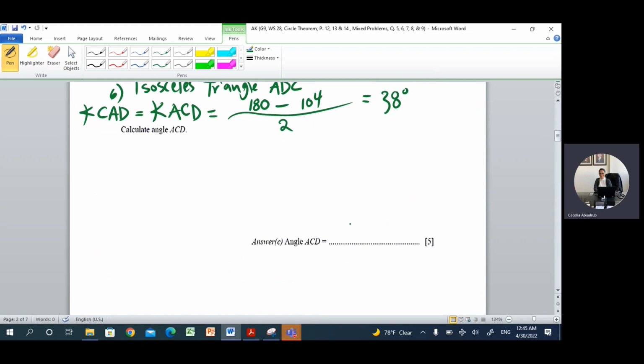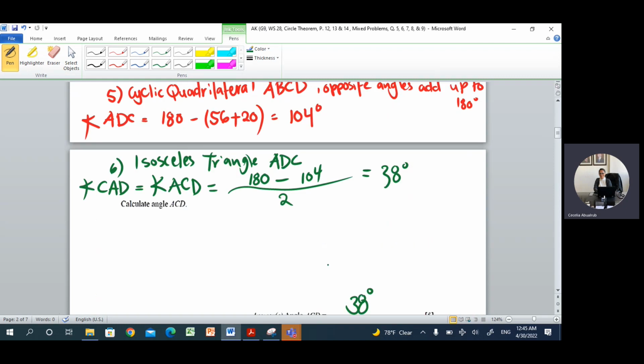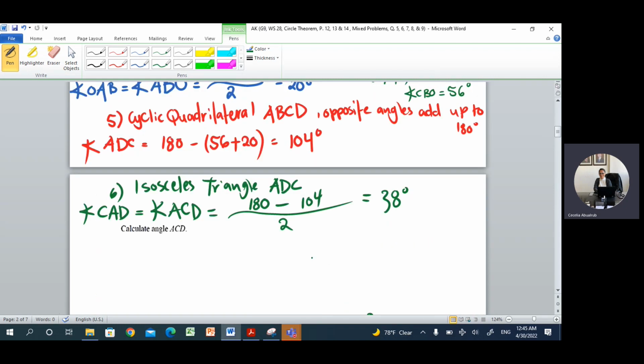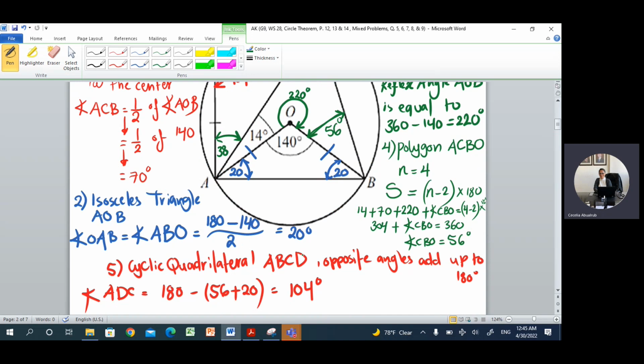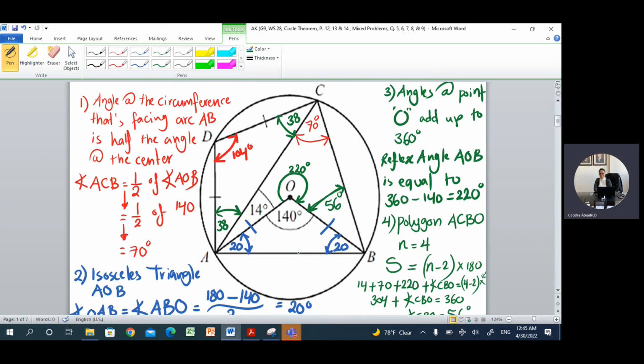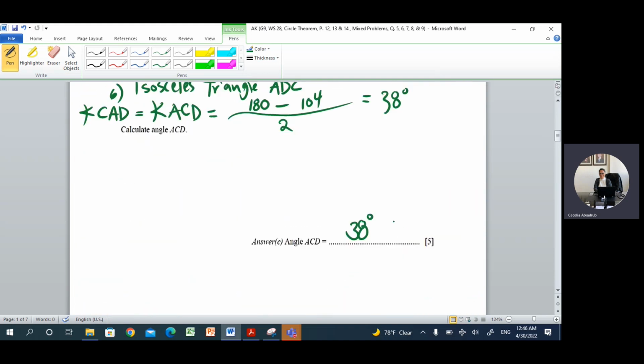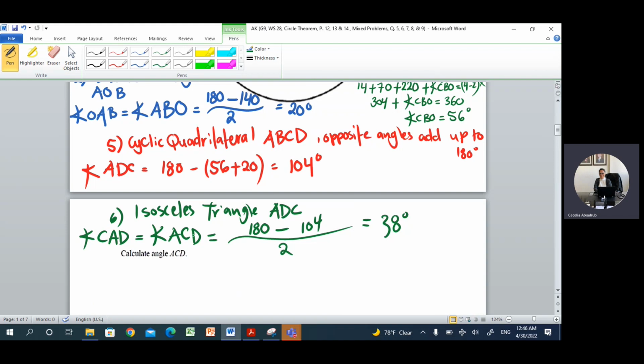And as you can see that this question has 5 marks on it, which means we really need to show the 5 steps that we went through from the very beginning of solving this question. So as you can see, step number 1, step number 2, step number 3, step number 4, and step number 5, including the final answer.